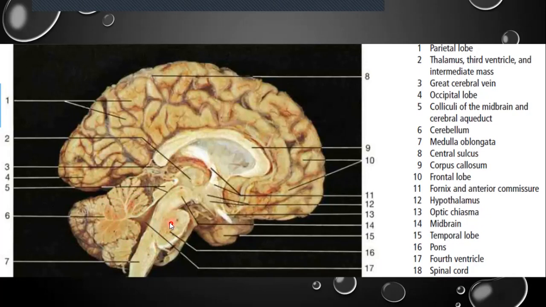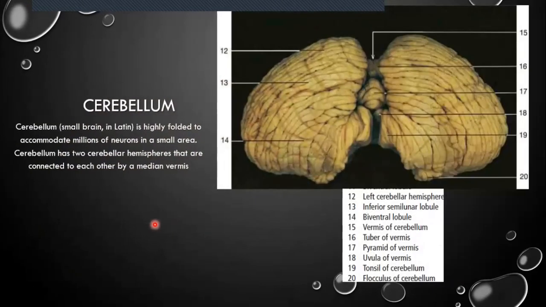Let's continue. Now the cerebellum. Cerebellum is the Latin for small brain. It's highly folded to accommodate millions of neurons in a small area. So folding is just to increase the surface area. Cerebellum usually has two cerebellar hemispheres that are connected to each other by a median vermis.